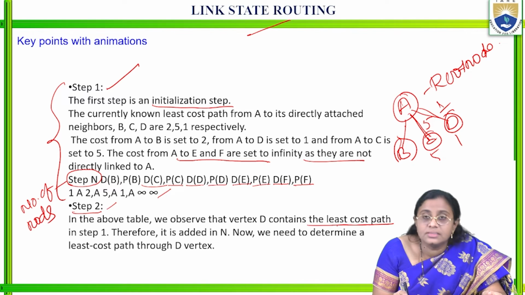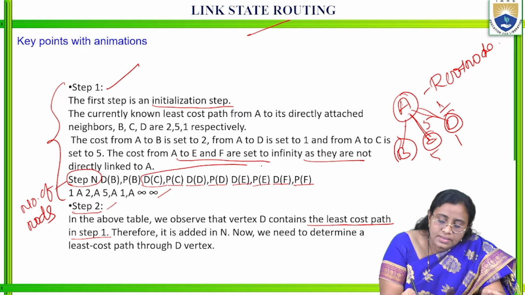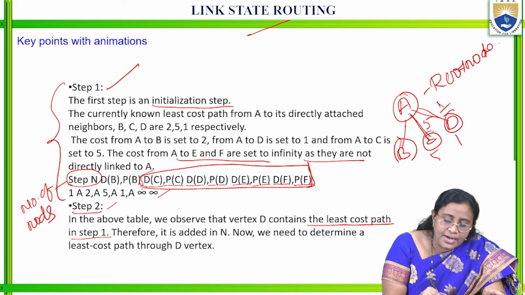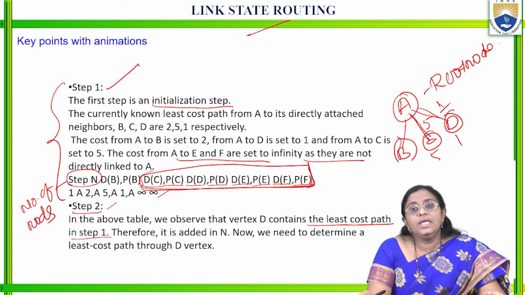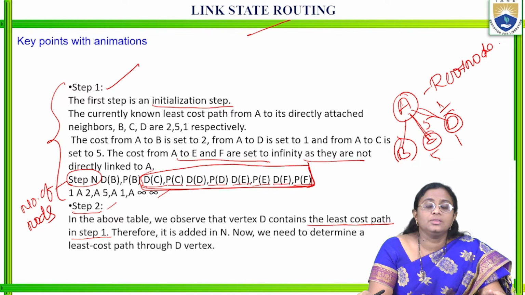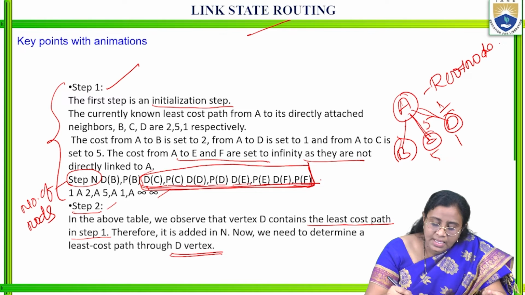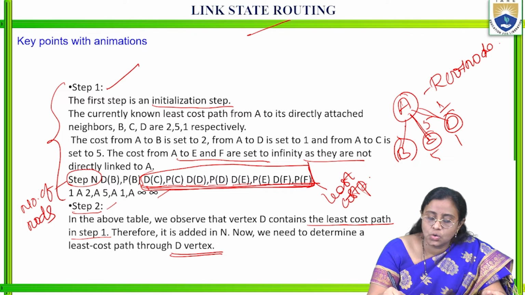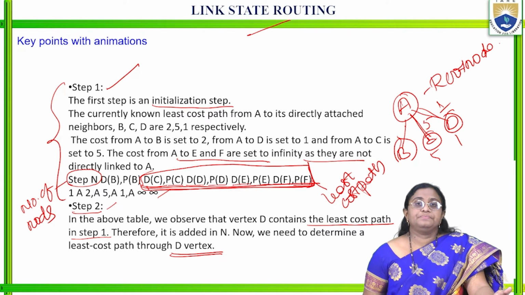Vertex D contains the least cost path in step 1, so it is added to N. Now we need to determine the least cost path through vertex D.